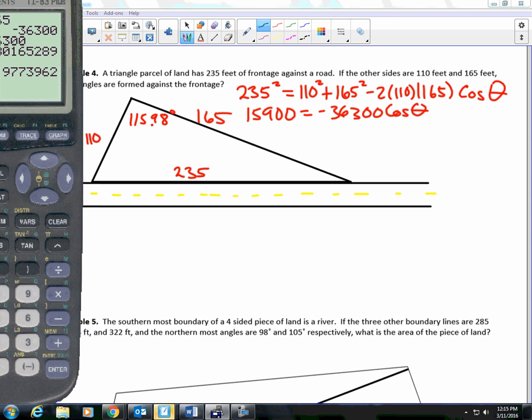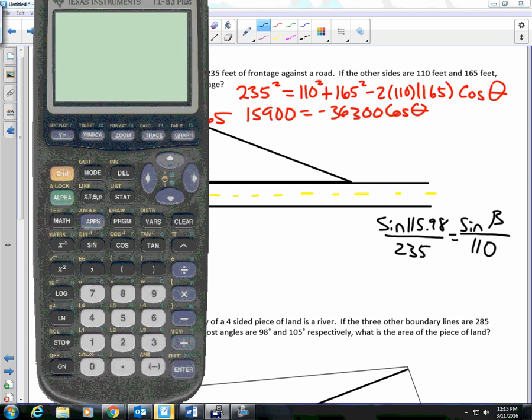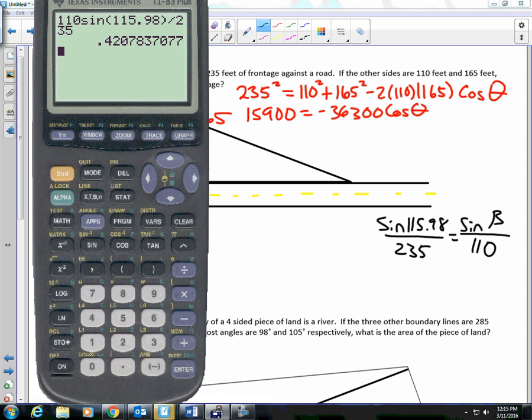Law of sines. Sine of 115.98 over 235 equals the sine of beta divided by 110. We get 24.88.